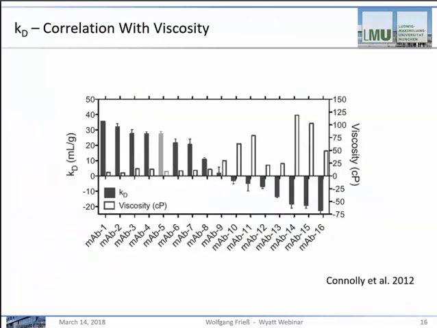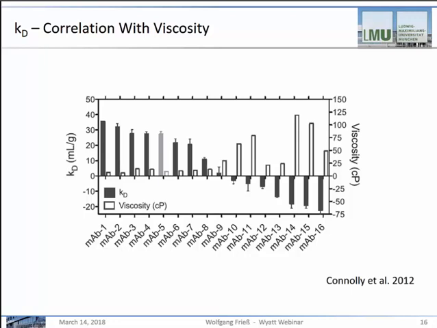KD is correlated in many cases to viscosity, not necessarily in all cases. There are literature cases and also from our own experience, cases where there is no correlation between KD and viscosity. This specifically holds true if the viscosity gets really high. In this study by Connolly, you see that they presented a correlation with KD. If there's a KD which is highly positive, strong repulsive interactions, the viscosity is low.